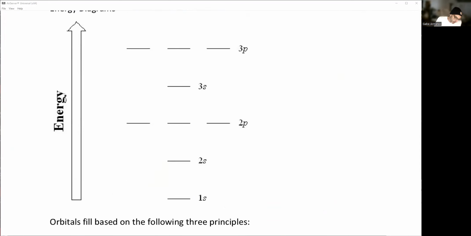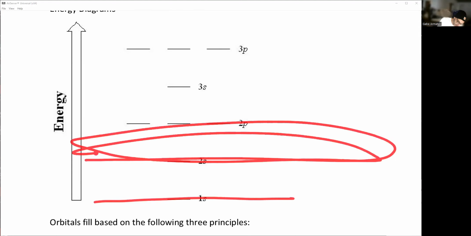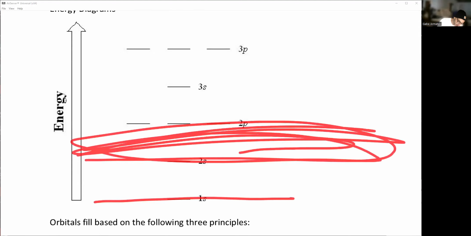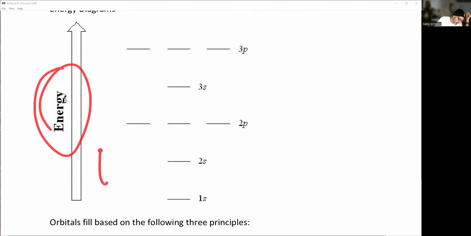So there's a couple of rules we're going to talk about shortly, but here's my 1s, here is my 2 band, n equals 2. And here is my n equals 3 band. And what we'll notice is energy increases as we go up.